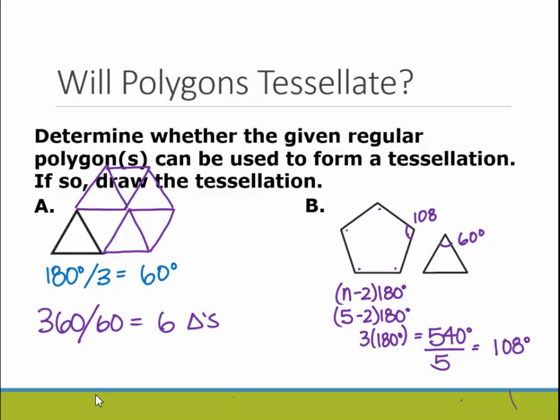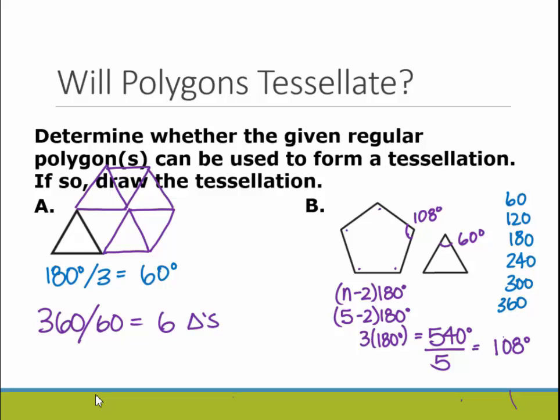So is there a way that I can do some combination of 108 and 60 to add up to 360 degrees? So start thinking about this. We know if we have a couple of 60s, our multiples are going to be 60, 120, 180, 240, 300, and 360.